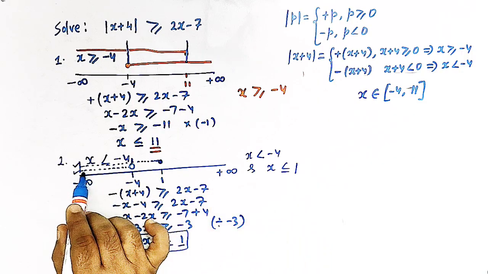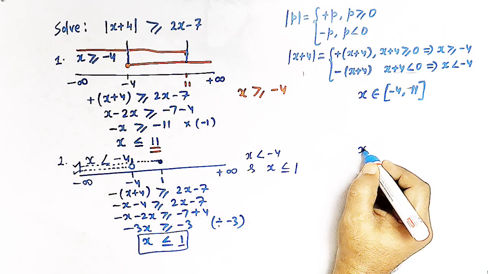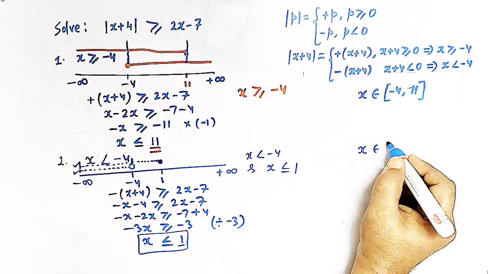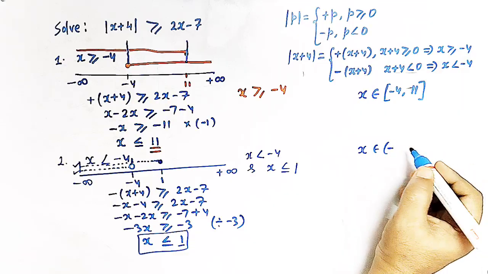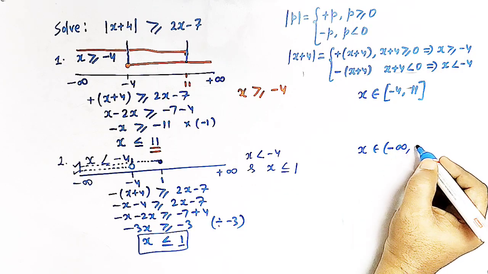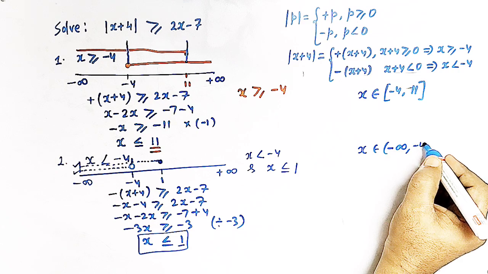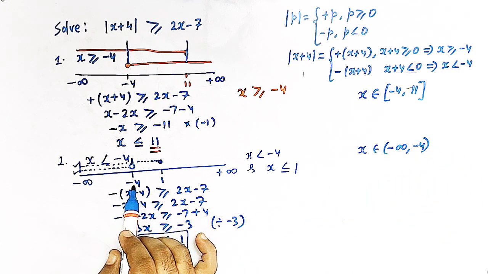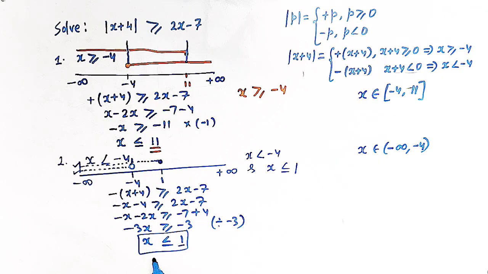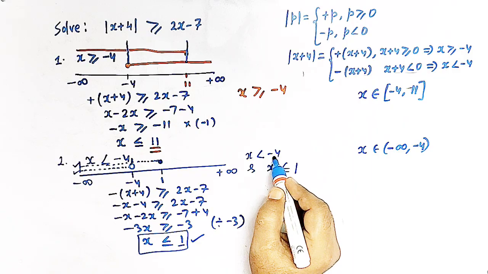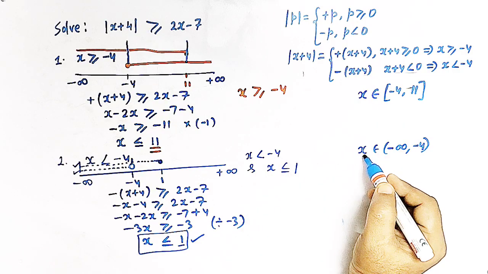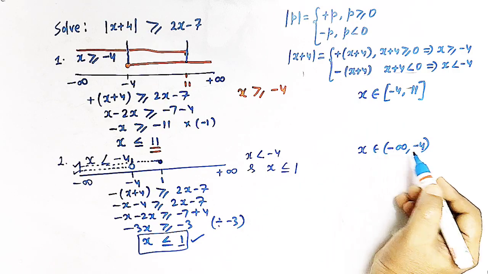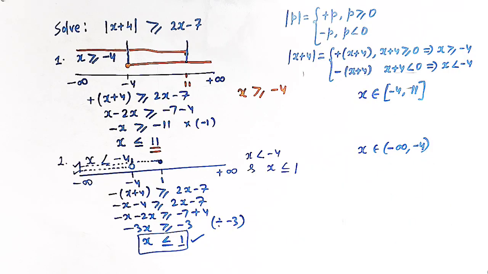So the solution is now given by x belonging to the interval from -infinity to -4. And remember, here -4 is not included, because in this inequality -4 is included, but here -4 is not included. So we have x belonging to -infinity to -4.